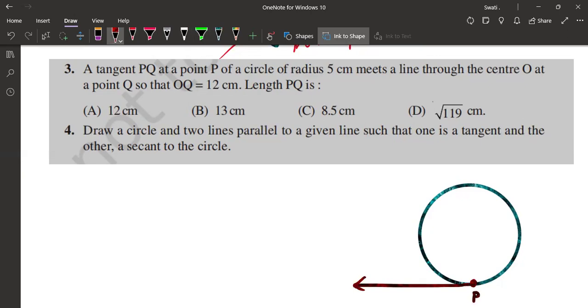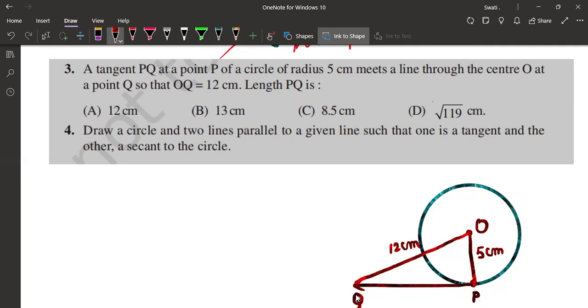For example, this is the tangent at a point P, and this is Q, of a circle of radius 5 centimeters. The radius is given as 5 centimeters. It meets a line through the center O at a point Q so that OQ will be 12 centimeters. Do you understand this, Manya?